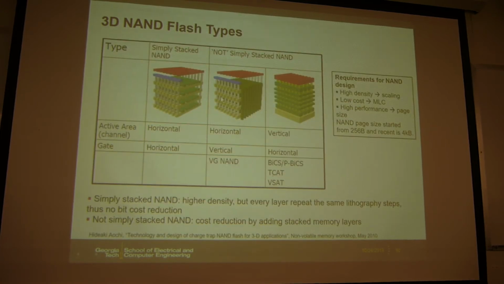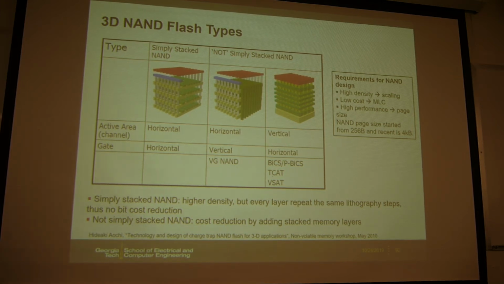So let's talk about the 3D NAND. Actually, there are different kinds of 3D NAND. The first one is called the simply stacked NAND, which is not used by any company. But the concept is very simple. If you want to increase density, then you want to use the third dimension.